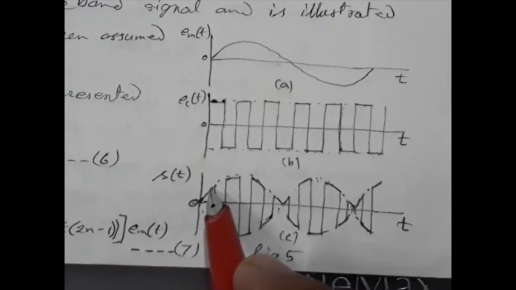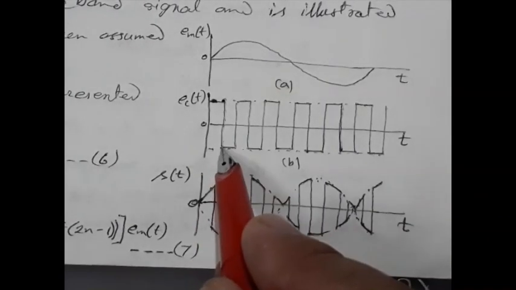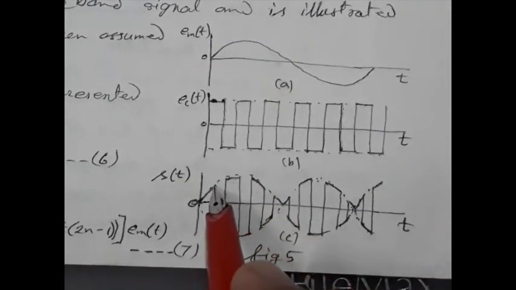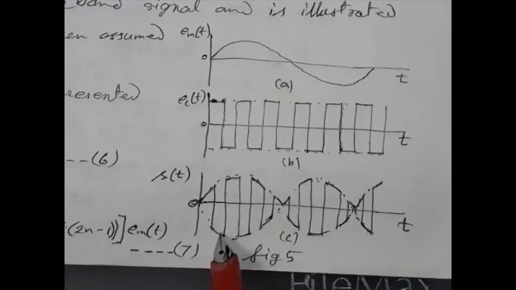EMT will be multiplied by +1, so it will move like this. But during the negative half cycle, that same EMT will be multiplied by -1. So instead of going in this direction, it will suddenly go to the other side of the amplitude, and since it is multiplied by -1, whatever may be the voltage, the voltage becomes negative. So it will move in this direction.